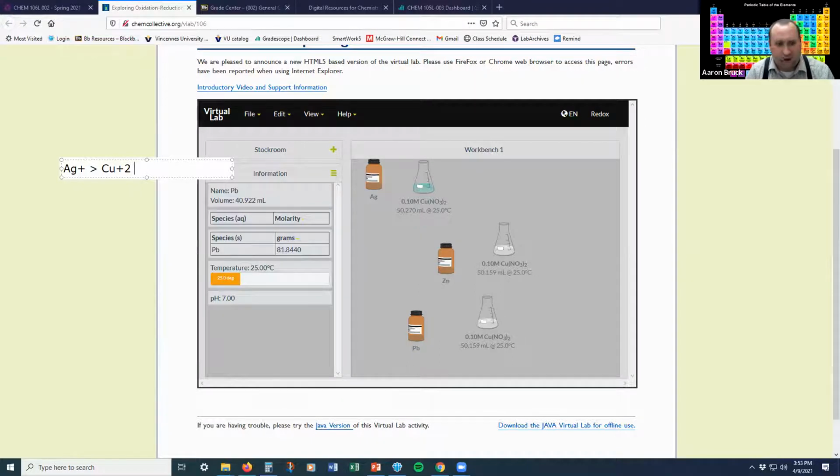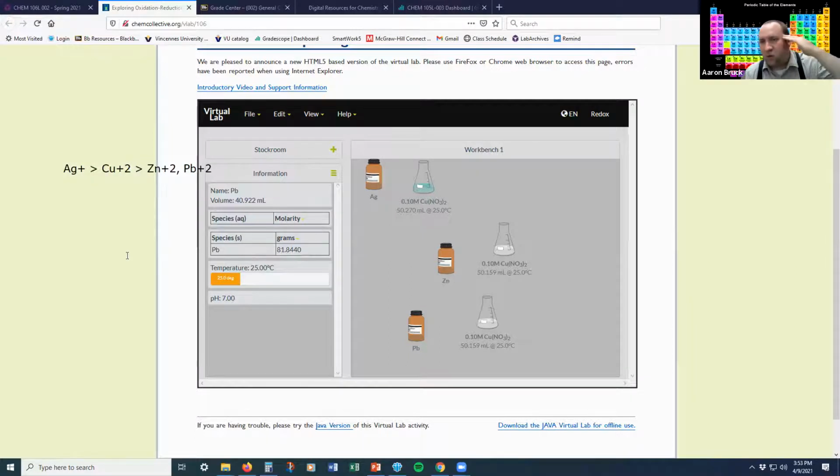And we know that the copper is better than zinc and lead. But at this point, we can't determine anything about zinc versus lead. All we know is that both of them reacted with copper 2.